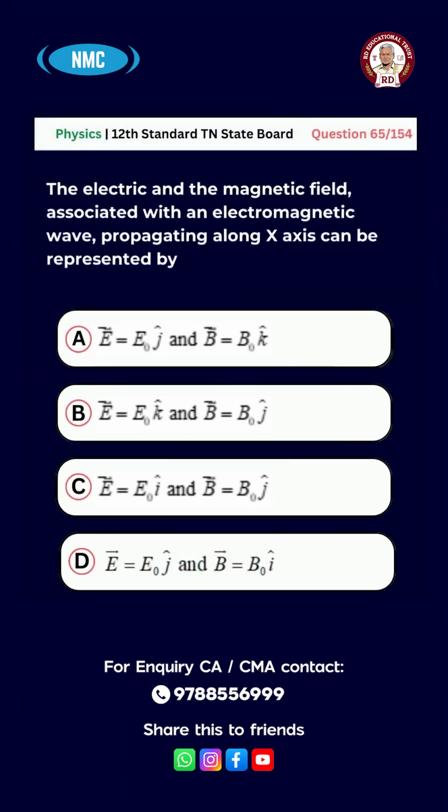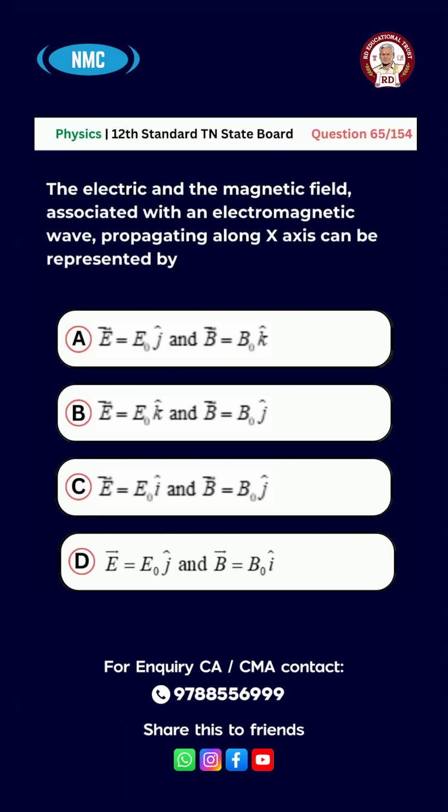Question number 65. The electric and the magnetic field associated with an electromagnetic wave propagating along the x-axis can be represented by option A E vector equal to E naught j cap and B vector equal to B naught k cap. Option B E vector equal to E naught k cap and B vector equal to B naught j cap.